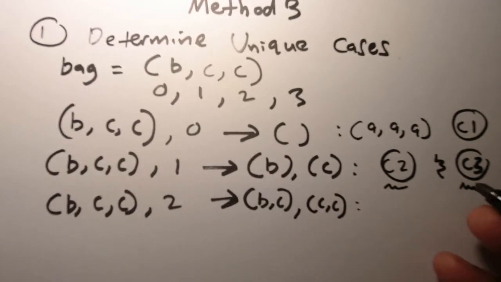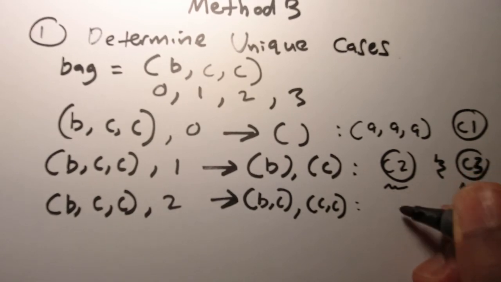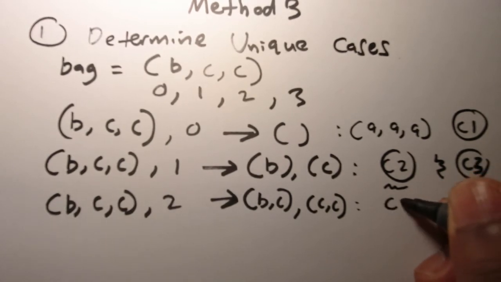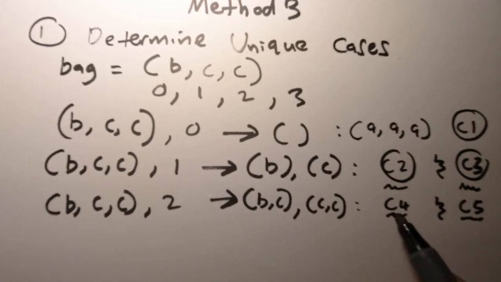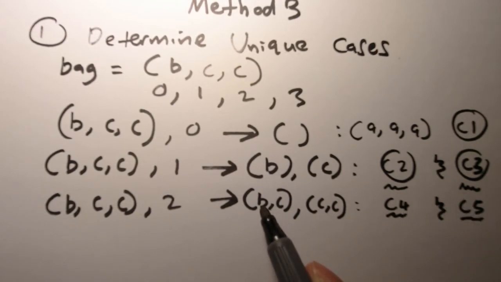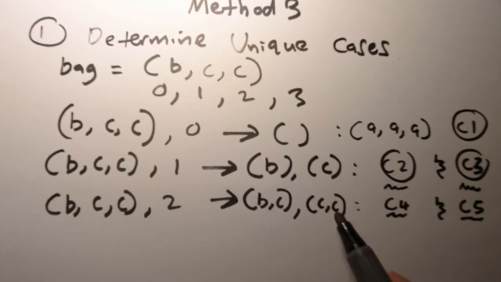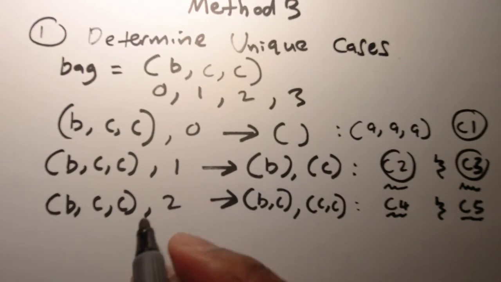When we do that, we will see that this is going to be equivalent to case 4 and case 5. Now again, it may not be obvious, but do recall from case 4, we had 1B, 1C, and then 1A. And then in case 5, we had 2 C's and then 1A, right?